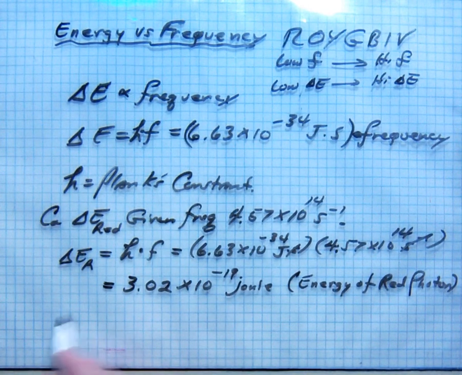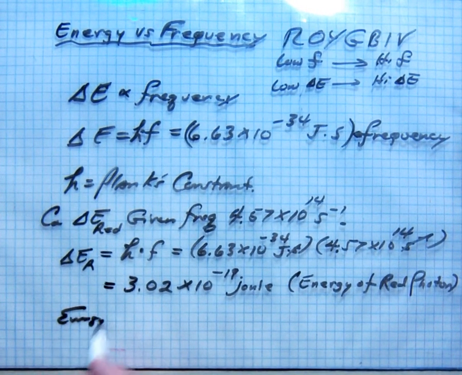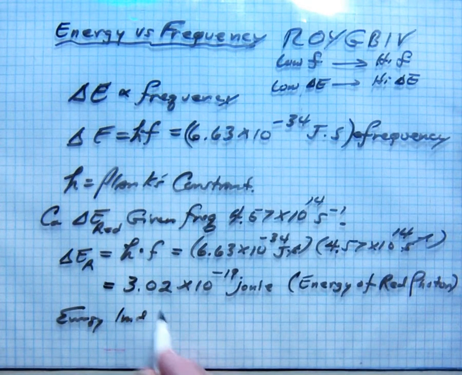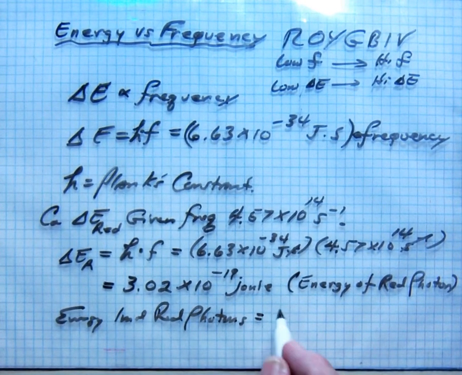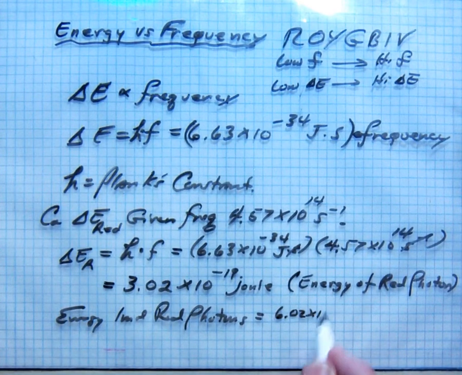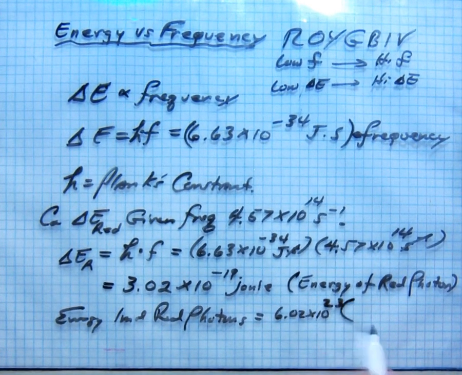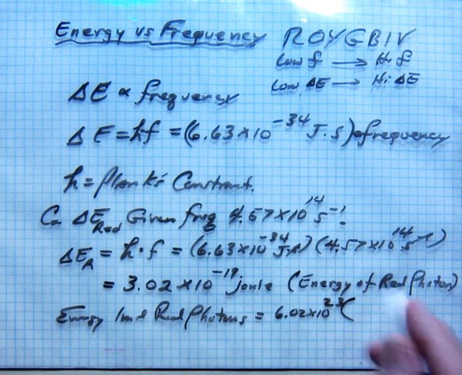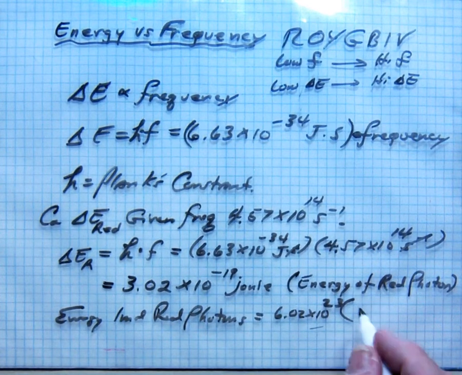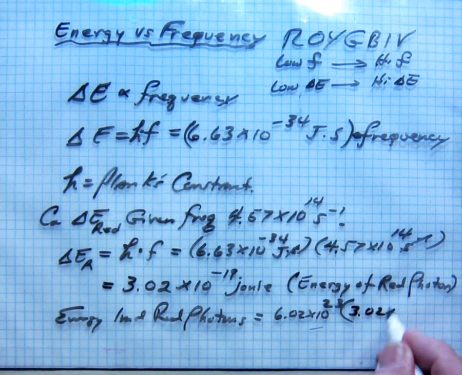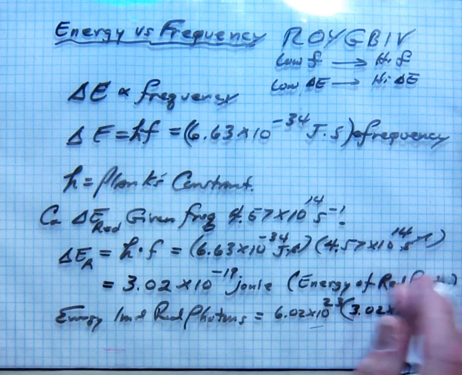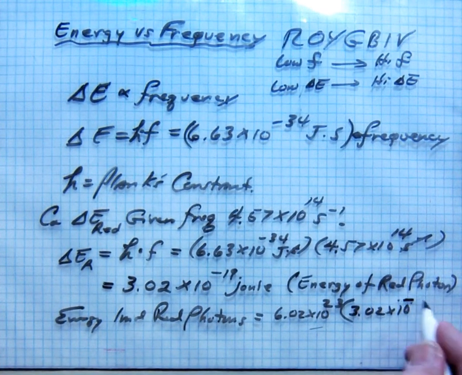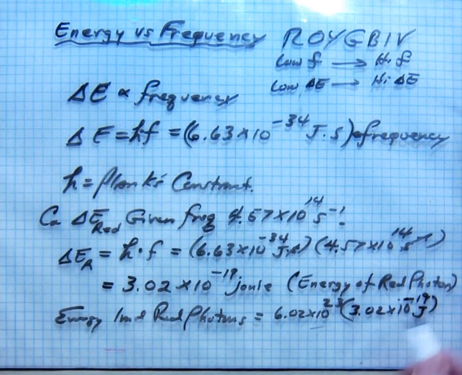Okay. So energy of 1 mole of red photons is equal to 6.02 times 10 to the 23rd, that's always a mole, times 3.02 times 10 to the minus 19th of a joule.